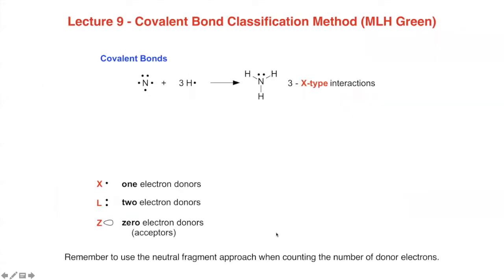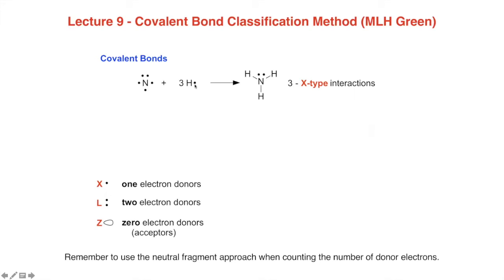I'll introduce briefly the XLZ ligand formulation introduced by Malcolm Green and also Jeff Parkin in our department. You can think about covalent bonds as involving the pairing of electrons.